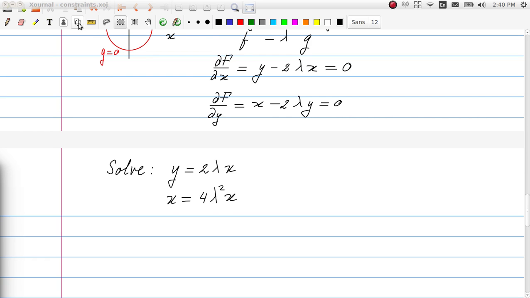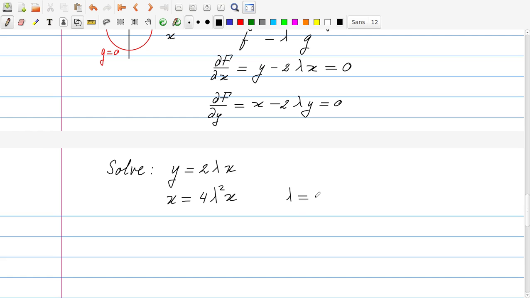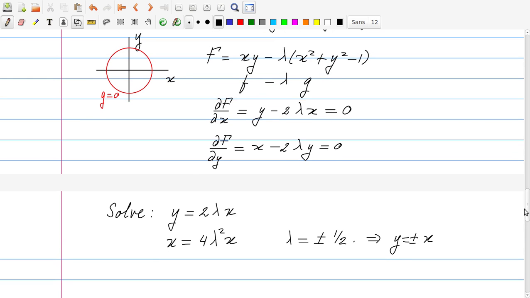We see from this that the solution requires that 4 lambda squared is 1, so lambda is plus or minus 1/2. That's the only way we can solve it. In that case we have y equals plus or minus x, and that means that the minima and maxima are found at the following 4 points: this one, that one, and that one, which is to be expected because of the xy symmetry in the problem.